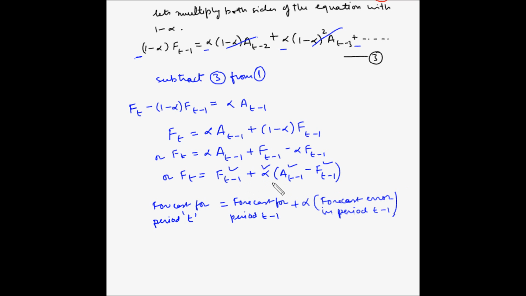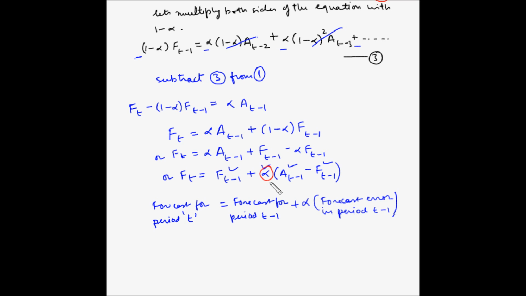Now in this calculation, one of the key components is the value of the smoothing constant, and this value is very important. We will look at how to find out the value for this constant to be used in calculation of forecast in a subsequent video.